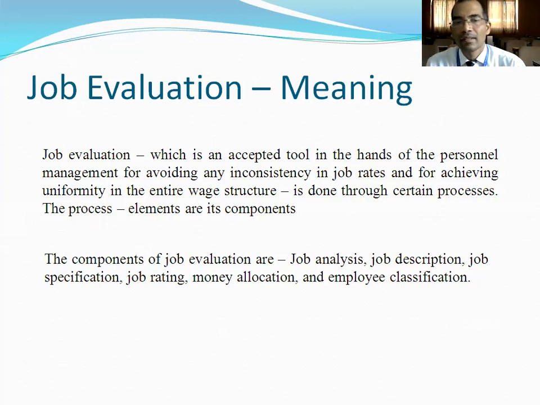The components of job evaluation are job analysis, what type of job it is; job description, what you have to do, working hours, type of job; job specification, skills needed; rating; money allocation; and employee classification. These could be some parameters on the basis of which job evaluation will be done.